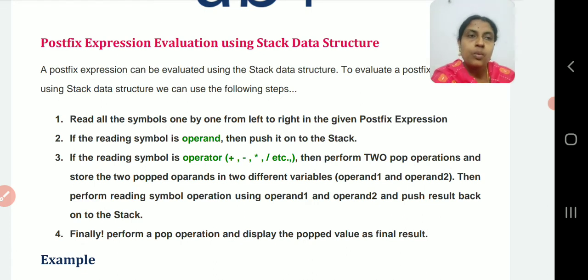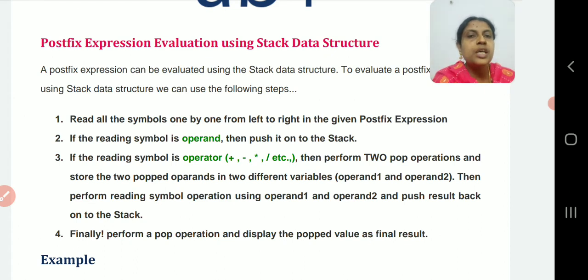Clear? Now I am seeing the operator plus. When an operator is seen, what do we have to do? We have to pop out two values. Which values are there in the stack? 5 and 3. 5 and 3 will be popped out. And what is the operator? It is plus. So you need to add 5 plus 3. You will get 8. That answer 8 has to be pushed back to the stack. Like this you need to perform.